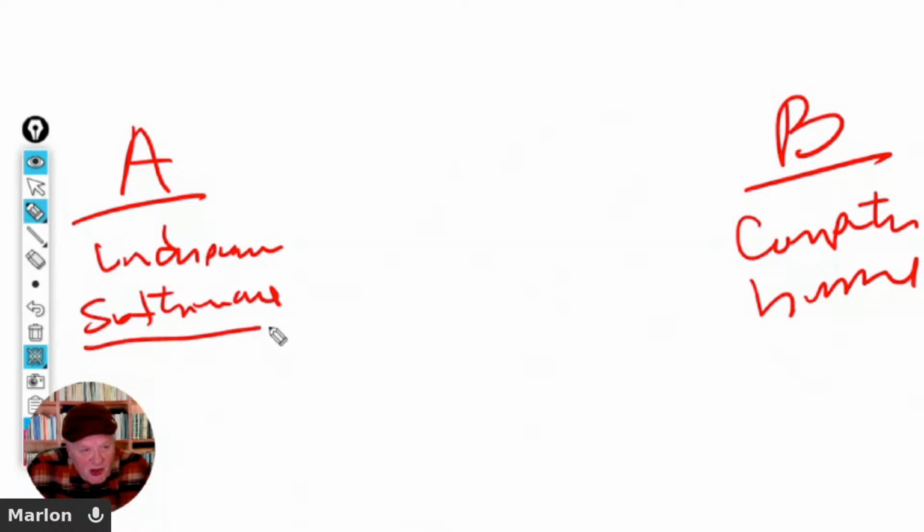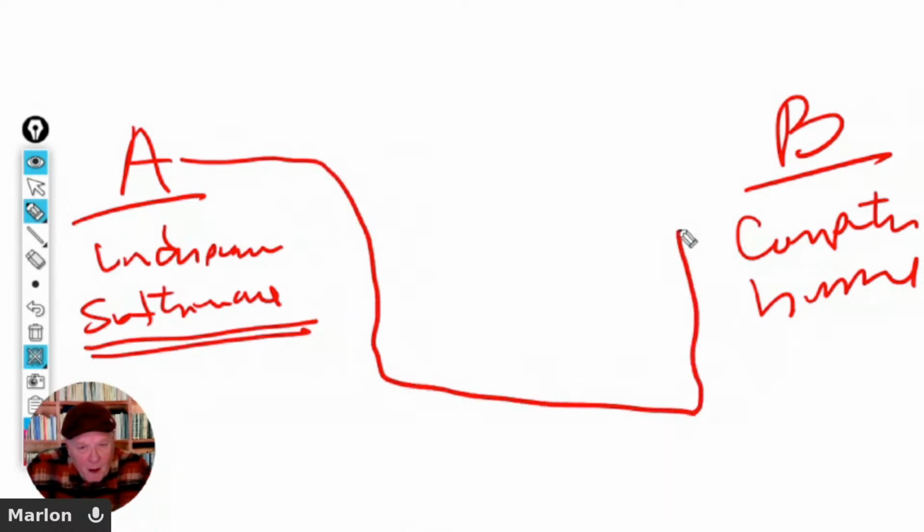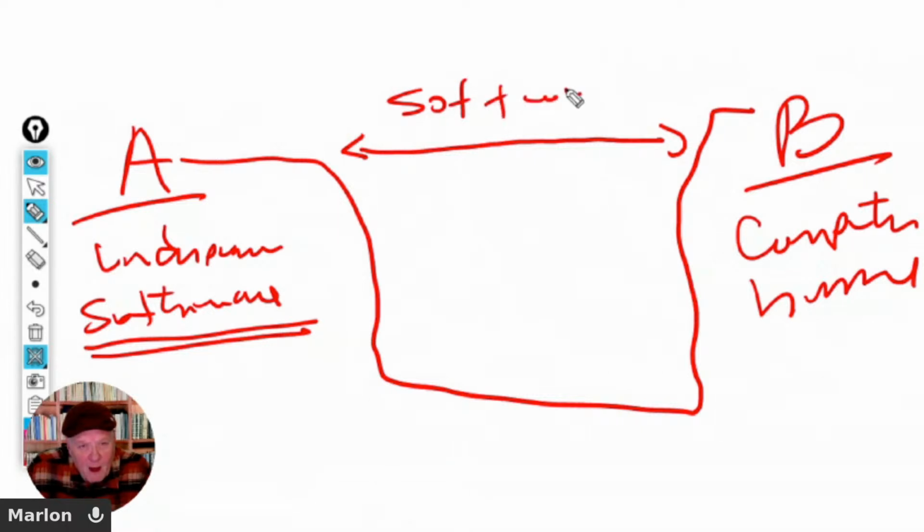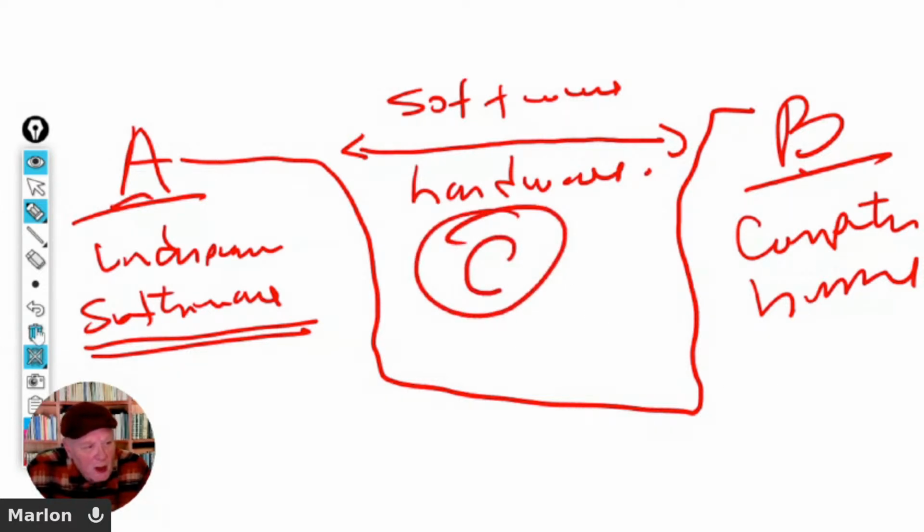They were just a software company, so they could only solve the software part, right? But what they did was they came in here and they bridged the gap with tons of software, and they helped facilitate really cheap hardware so that it was able to bridge the gap between A and B with their C solution.